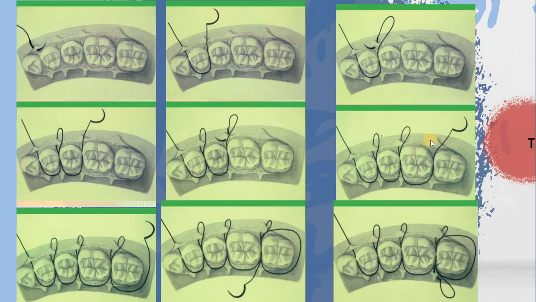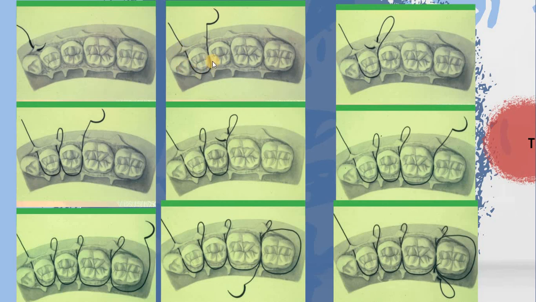And also we have a sling suture. This is very important in cases of putting a graft or in some kinds of mucogingival surgeries. Simply, you insert the needle, for example, on this side, and when you come to the palatal or lingual side, as you see here, you don't put the needle inside any tissue.